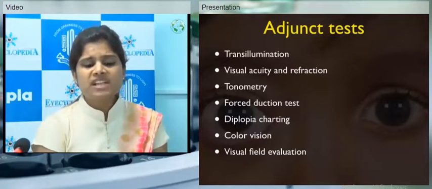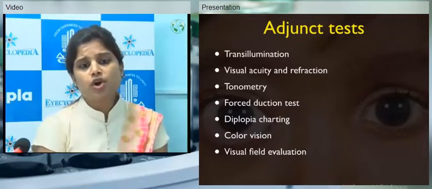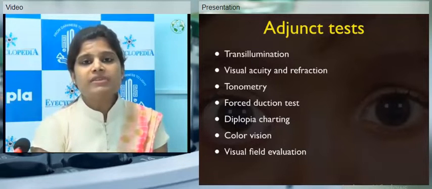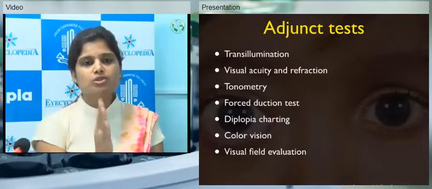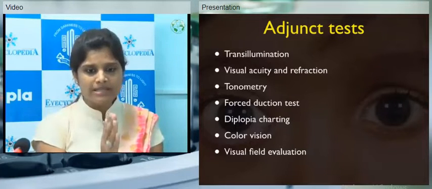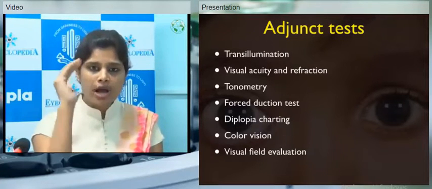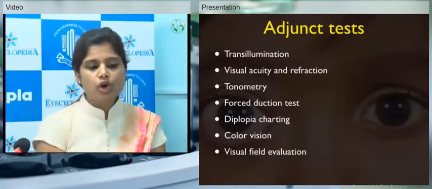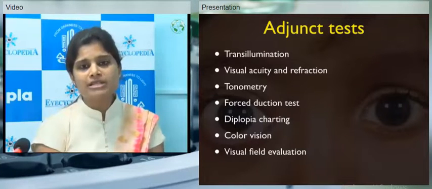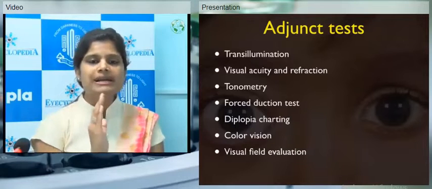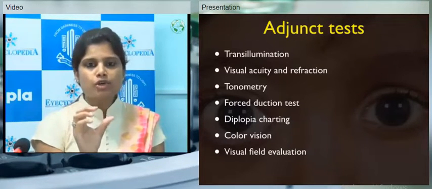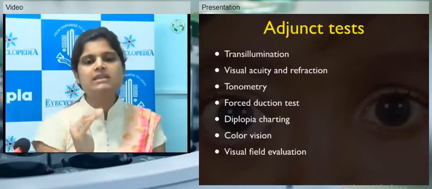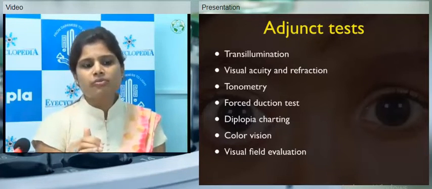Then tonometry, which I think is very important, especially when you are dealing with thyroid eye disease, is what we call the differential intraocular pressure. We have to see what the intraocular pressure is when the patient is looking straight, that is in primary gaze, and then ask the patient to look up and measure the intraocular pressure again, and see the difference. If the difference between straight gaze and up gaze is less than 6 millimeters of mercury, it is not significant.